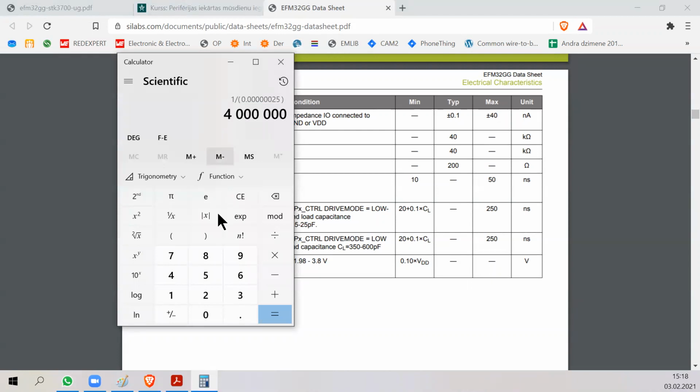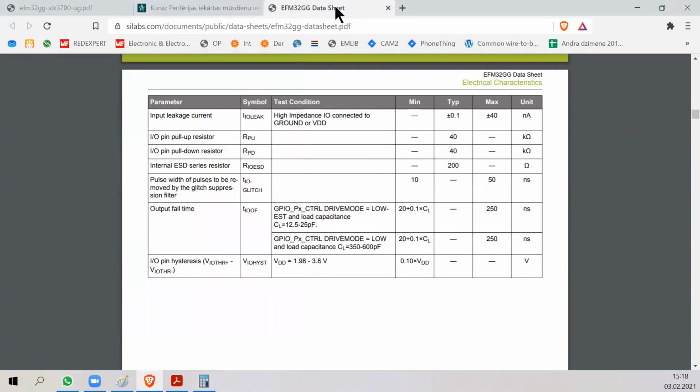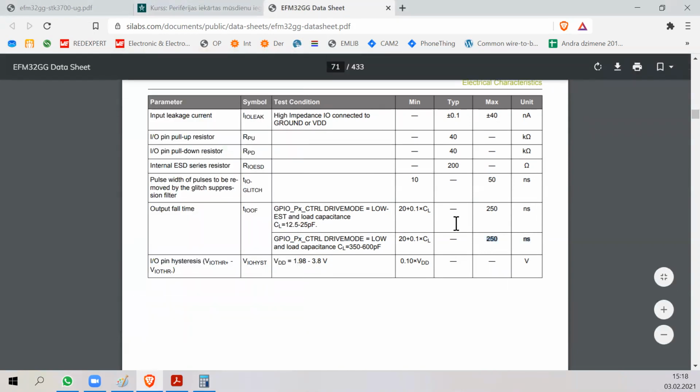So if you set the pin high, low at a faster frequency than 4 megahertz, it's not going to be a beautiful square wave. It will be more like just wobbling around the middle. So you just have to take it into account if you need fast switching outputs.